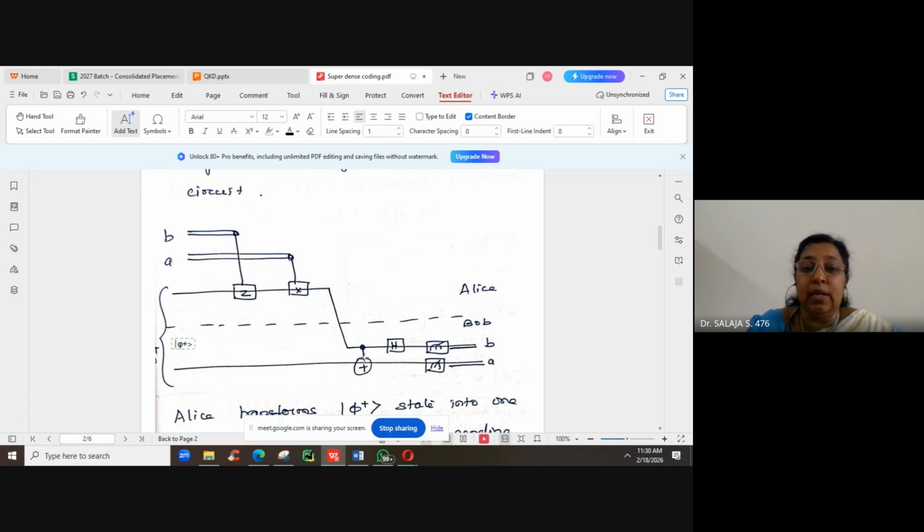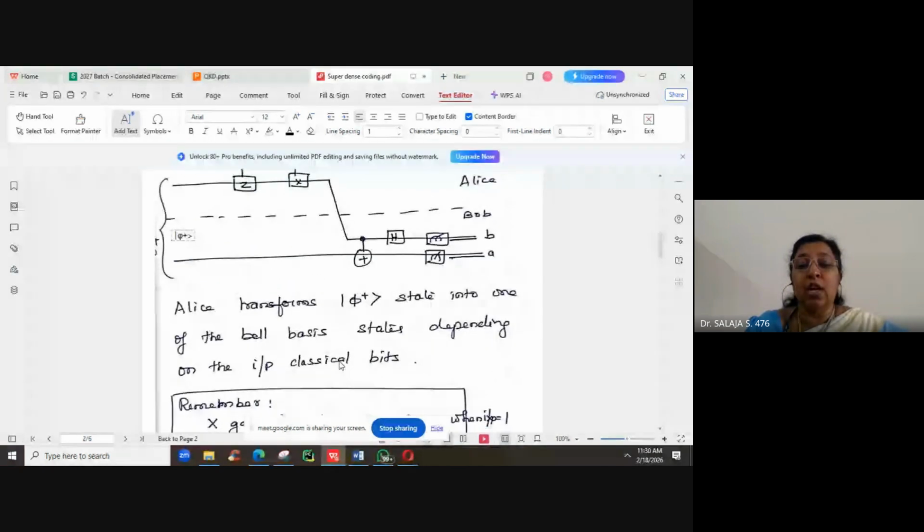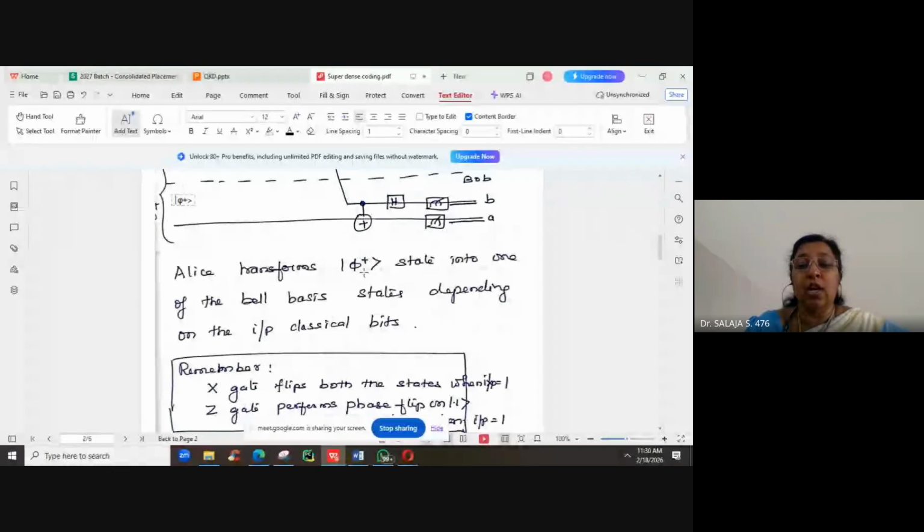On the Bob side, the received qubit undergoes a controlled NOT operation, followed by a Hadamard operation, and then moves on to the classical bit measurement, which reveals B and A. So Alice transforms the phi plus entanglement bit into classical bits.